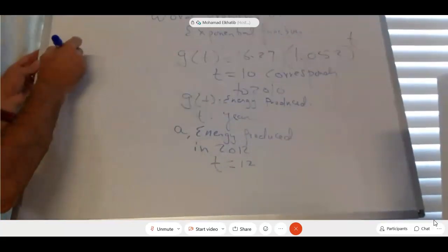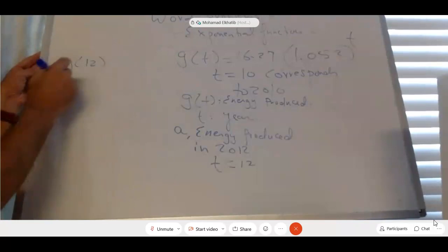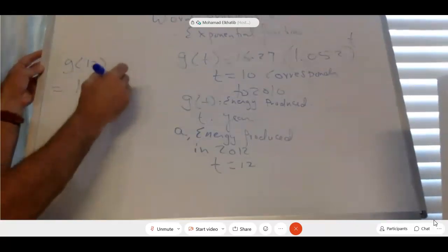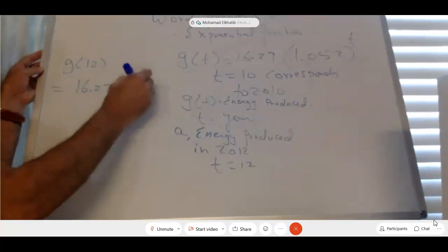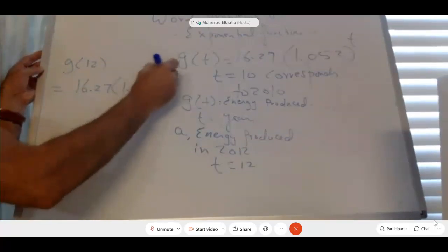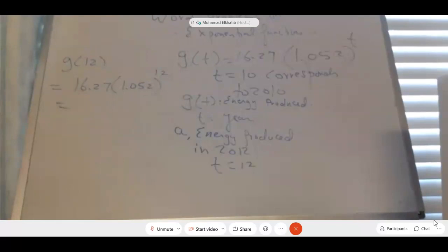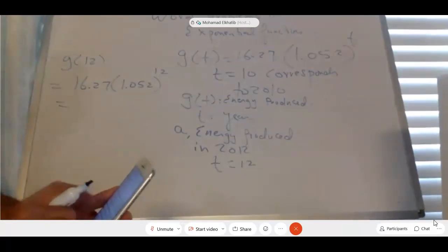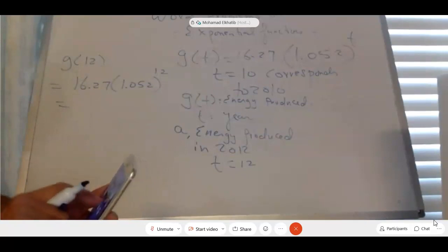So I'm going to replace, so G of 12 is going to be what? 16.27. The second part is the hard part. This is pretty easy, guys, okay? All right, so what I'm going to do here is I go to my calculator. Here we go.